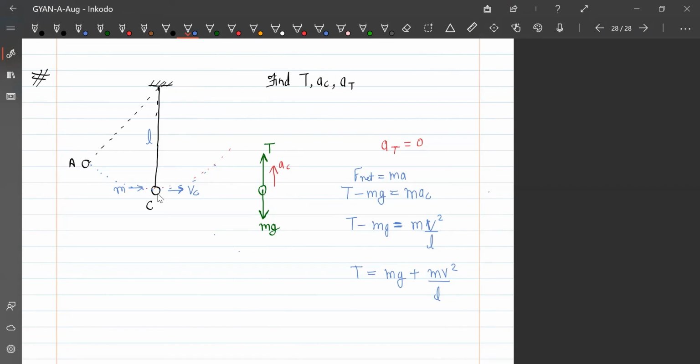Because bottom most पे speed ज्यादा होती है. Why is that? That we will be learning in work power energy, but you can use common sense. कोई चीज ऊपर से नीचे जा रही है तो potential energy कम हो रही है तो kinetic energy बढ़ेगी. So this is your equation. And tangential acceleration zero था because there is no force in the horizontal direction.